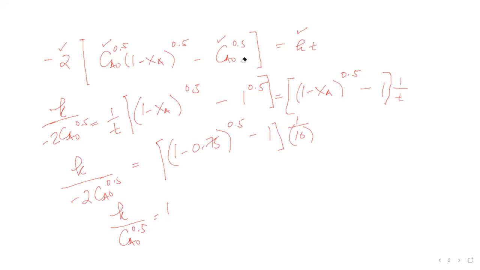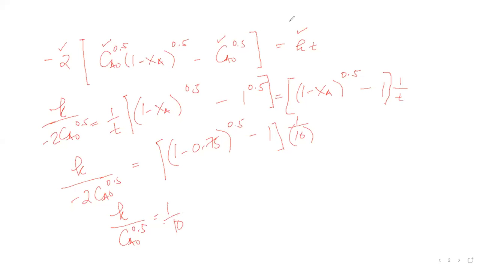So you have the square root of 0.25. We subtract 1 from that. We divide by 10. And we multiply by negative 2. So it's 1 over 10. Okay, so this is 1 over 10.